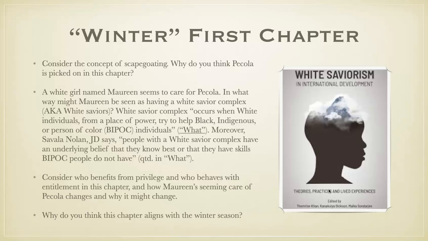This is also termed white saviors, and a white savior complex, although it might seem like something positive, it actually is something detrimental, because it's when, whether or not they know, whether it's conscious or subconscious, white people hold the underlying belief that they are better or have more skills or knowledge or understanding, and can swoop in and save Black, Indigenous, or other people of color, individuals.